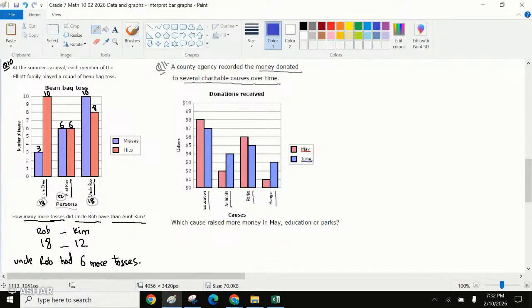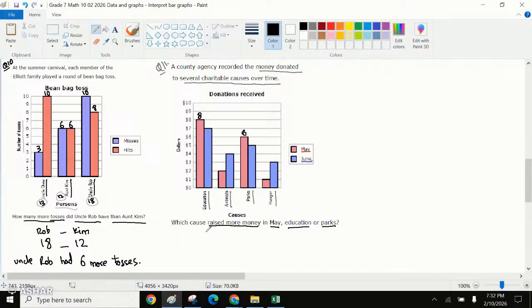Okay. And the question says, which cause raised more money in May between education or parks? Okay. So let's look at education. In May, education got $8. And how much did the parks get? Parks received $6, right?